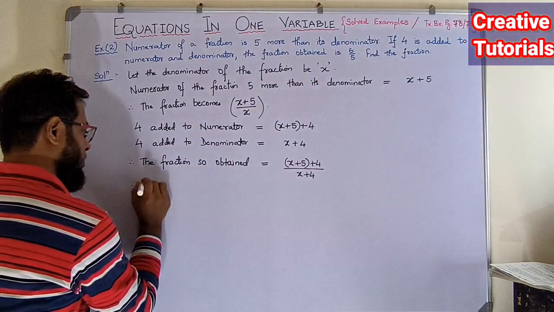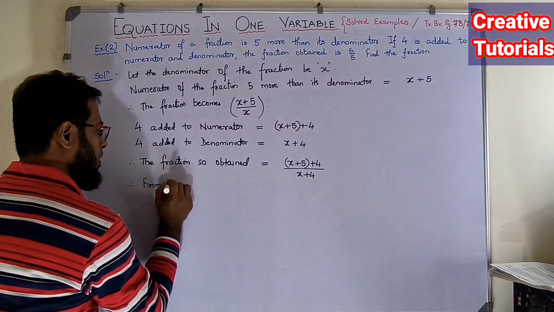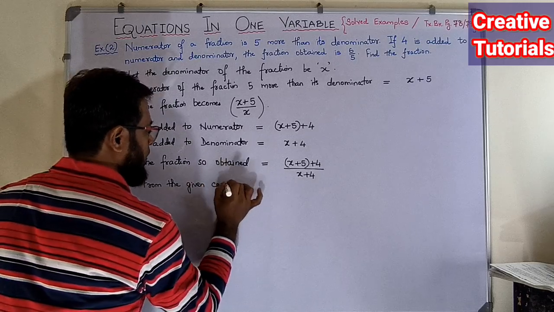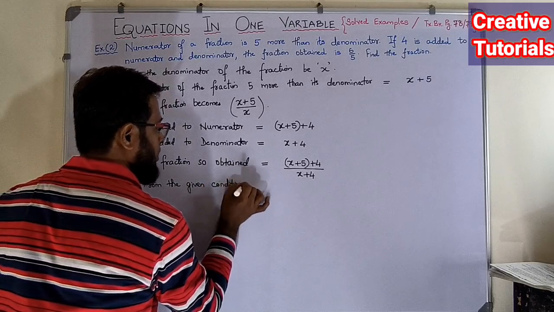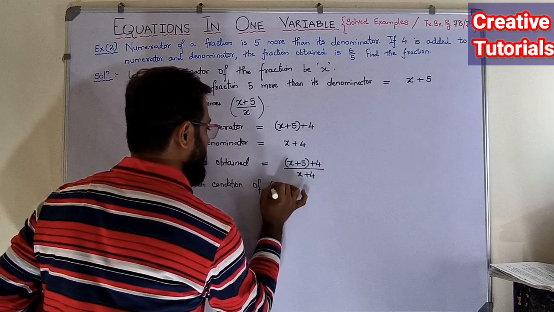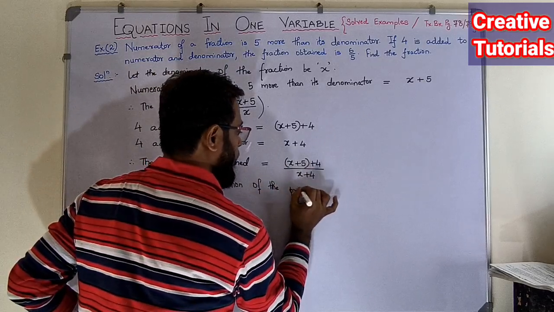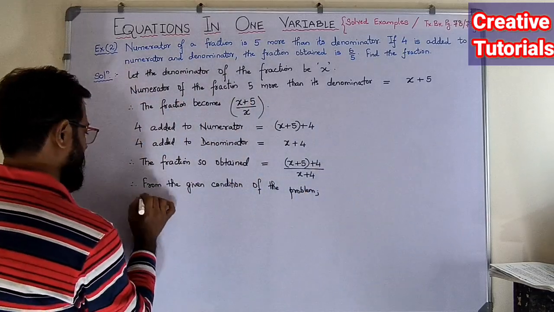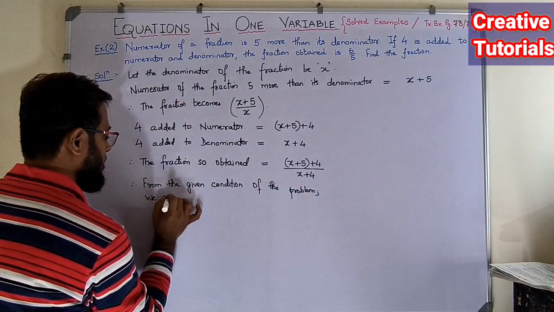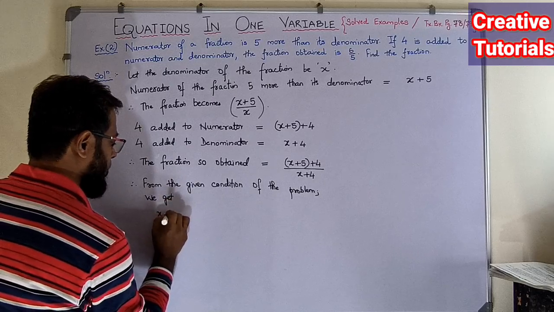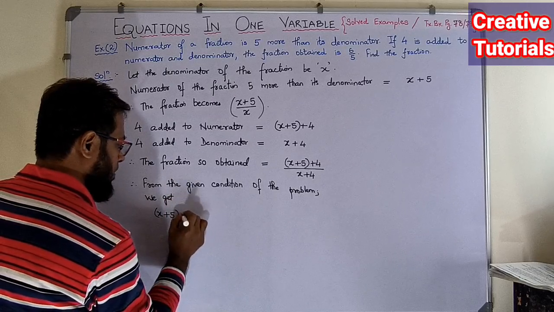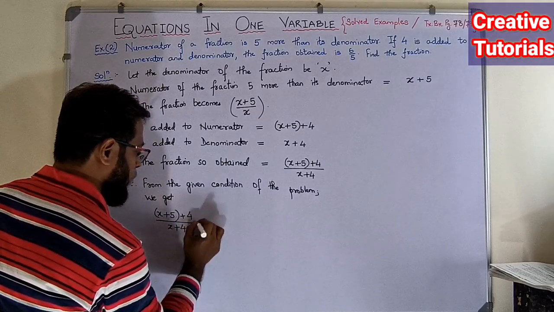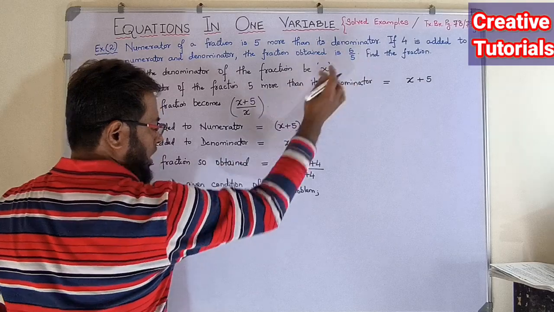So from the given condition of the problem, we get x plus 5 plus 4 upon x plus 4 is equal to 6 upon 5.